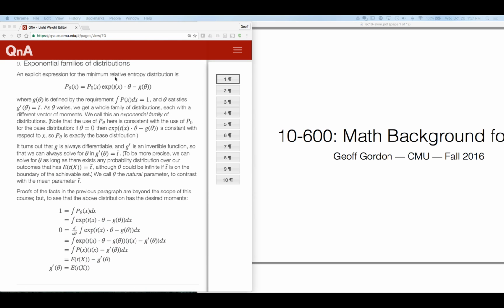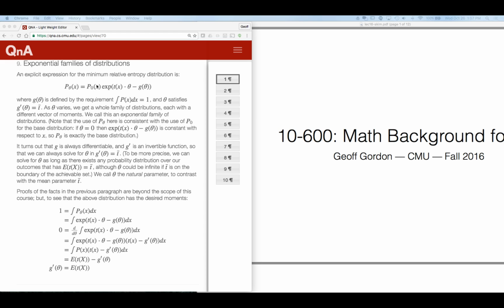So this form right here is called an exponential family of distributions, and it is important, because you can always write the solution to the maxent or to the minimum relative entropy problem as a distribution of this form. So what does this form look like? Well, it's got an exponential function in it. That's why it's called an exponential family.